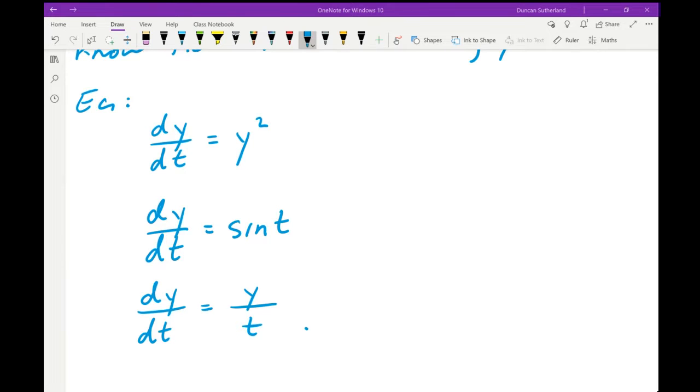The quiz runs for 15 minutes from when you start or until 12:50. So the latest you can start and have 15 minutes to complete it is 12:35. You've got this 5-minute grace period to allow for any connection issues and things like that. And yes, it's on slope fields.